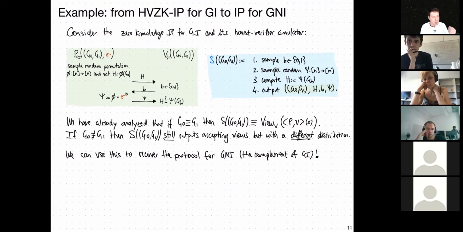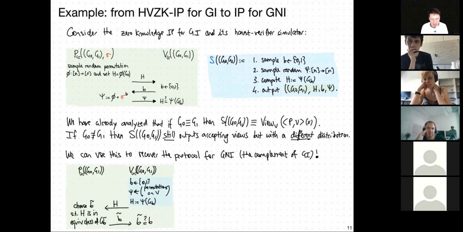And we can actually use this to recover the protocol for GNI as a consequence of the fact that the simulator exists. If you remember, the protocol for GNI was something like this. This is the first interactive proof we've seen in the first lecture. It was basically saying, sample a random bit and scramble one of the two graphs at random and ask the prover, which graph do I have in mind?